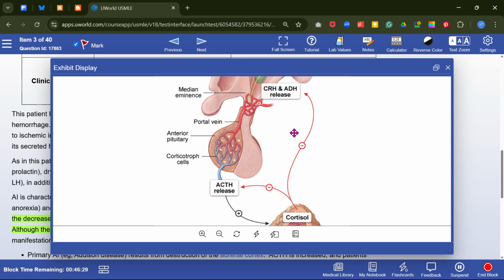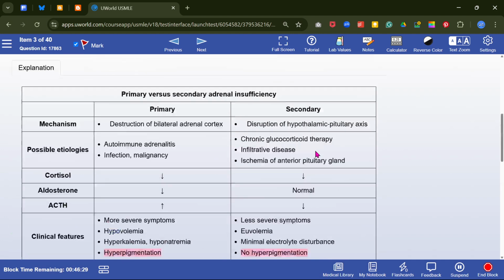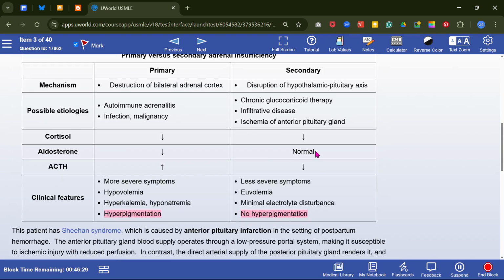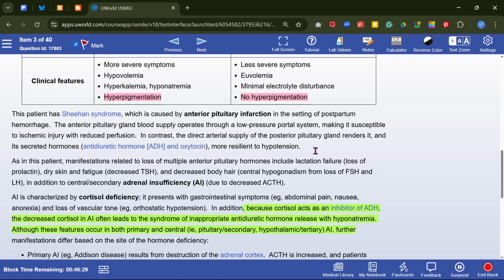The syndrome of inappropriate ADH will lead to hyponatremia. So why is there low sodium? Due to this inappropriately increased antidiuretic hormone.